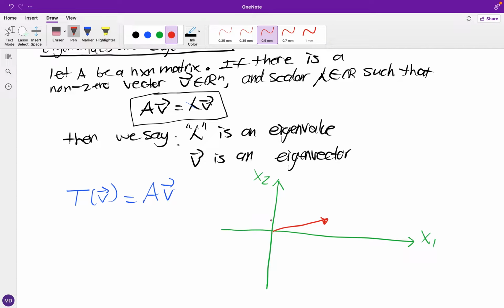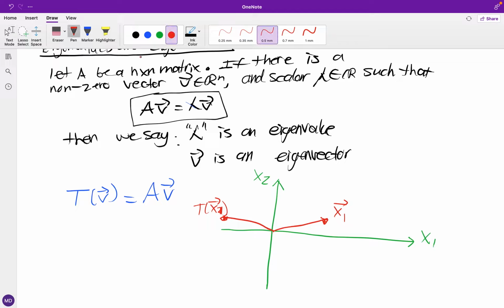When we reflect it in the y-axis here, we should end up, I hope we all agree, with this vector here. Sorry for my drawing here. But this would be the reflected vector. So say we have some input x1 here. This should be our T of x1. It's clearly reflected through the y-axis.